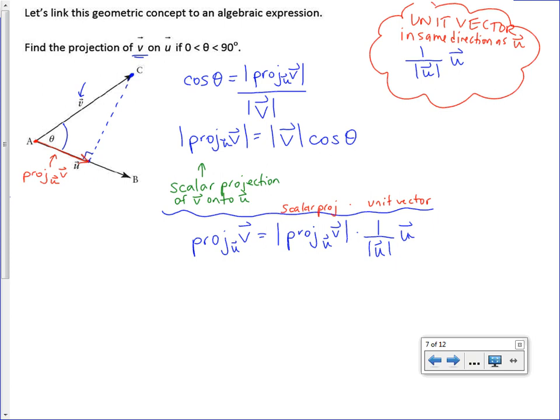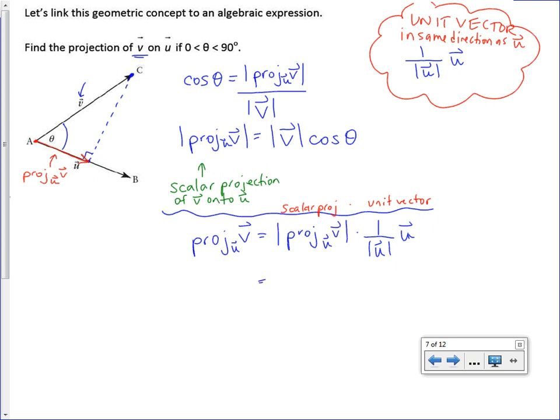I want my vector to have this value, whatever this is, I want it to be this long. If I take this number, multiply it by a 1 unit long vector, won't that end up being the correct length and the correct direction? Because it'll be going in the right direction, vector u, and this together is going to be the correct magnitude. Now, this is where something kind of cool happens.